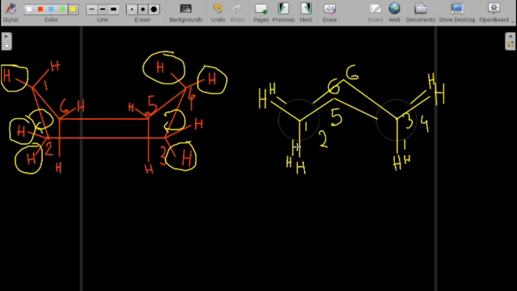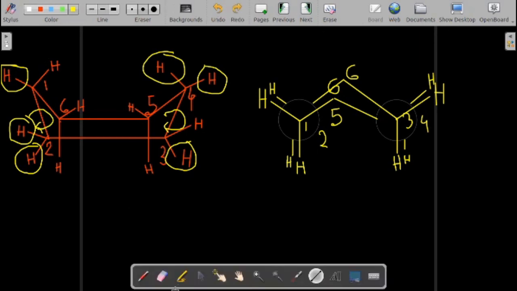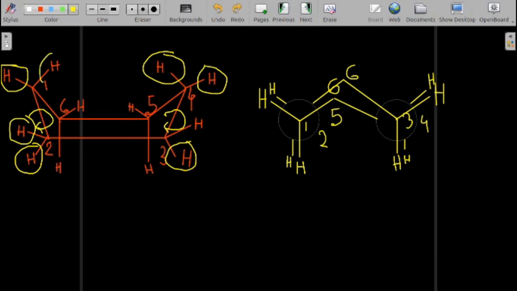And in the boat conformation there is another strain present, which is the steric strain. You can see that these two flagpole hydrogens, this and this, are so close to each other that some steric strain is present in that conformation.